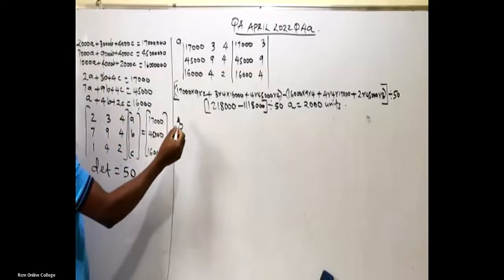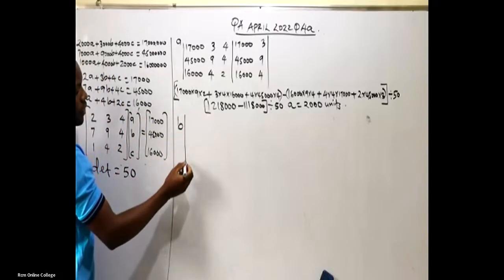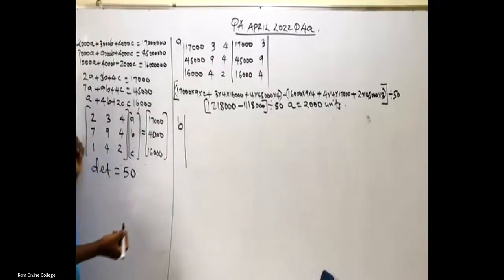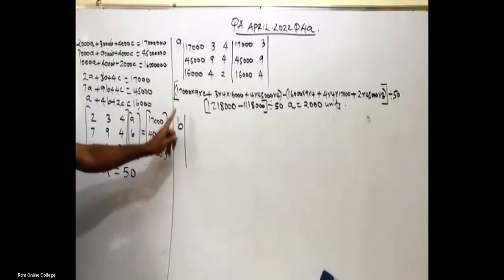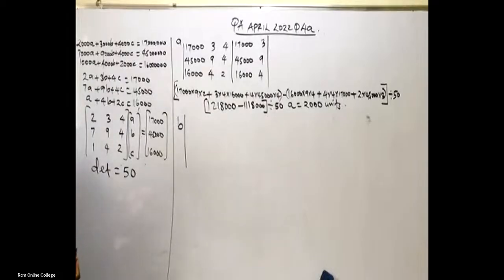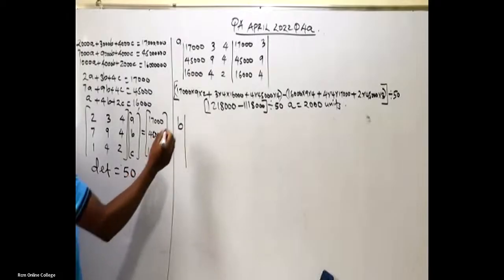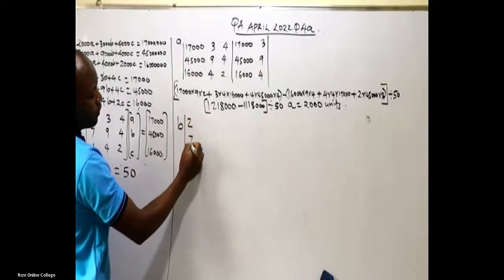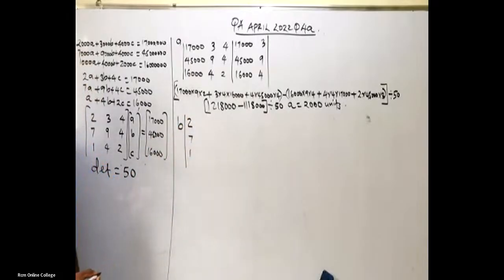So can you give me the figures in the first column? 271. Thank you. Second column.